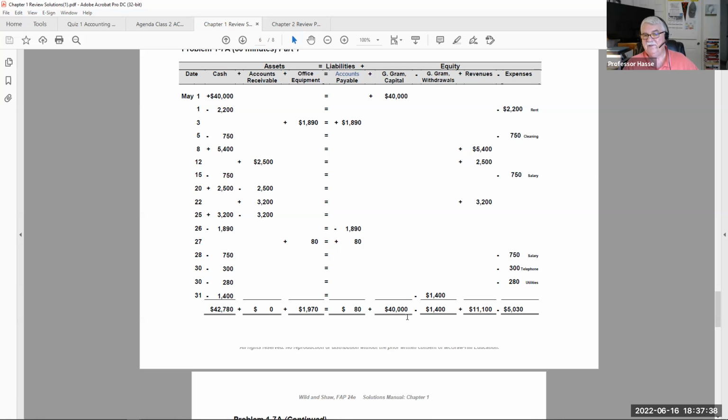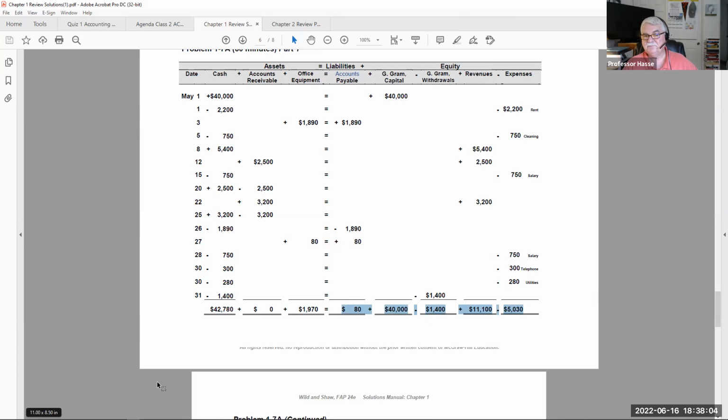The owner has invested $40,000 in the business. The owner has taken out $1,400 of withdrawals. You had $11,100 of revenues and $5,030 of expenses. Add all these up, the assets will equal the liabilities and equity.